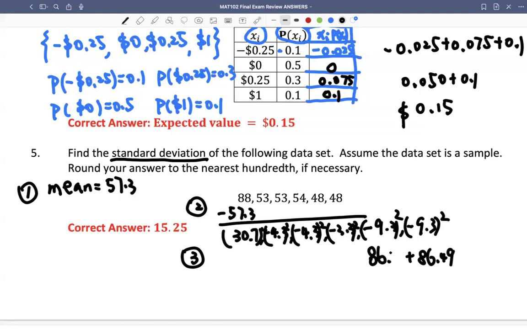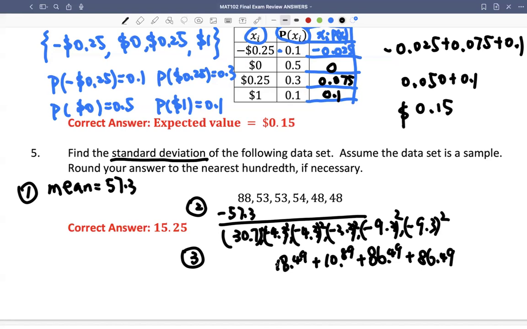The ones we square, we add them up. Negative 3.3 squared, we get 10.89. Now we have 1 of it. Then we have 2 of negative 4.3 squared, which is 18.49.